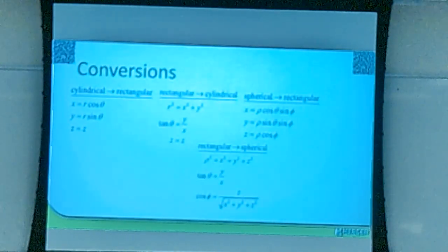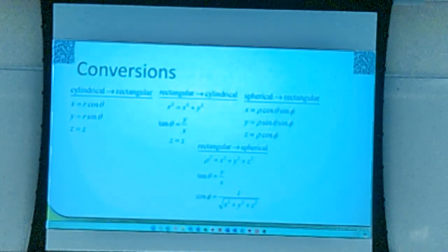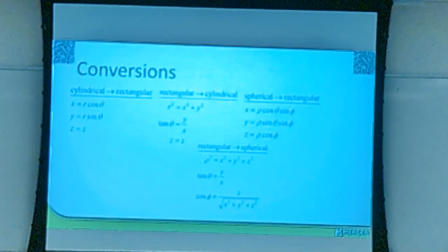And we have our conversion formulas. Being able to convert from rectangular to either cylindrical or spherical is extremely important later.